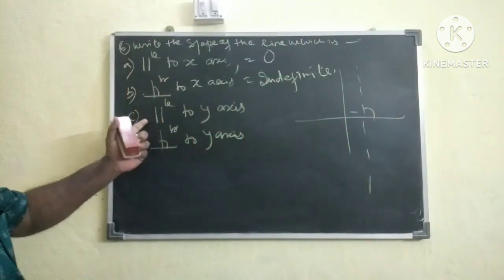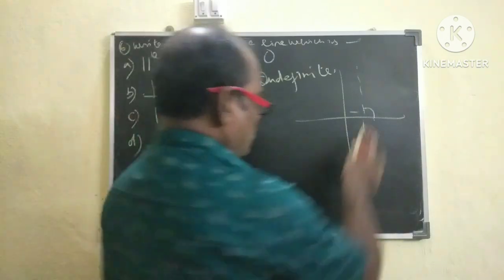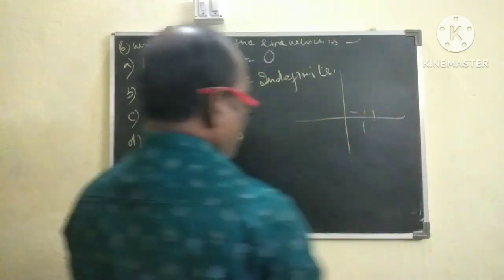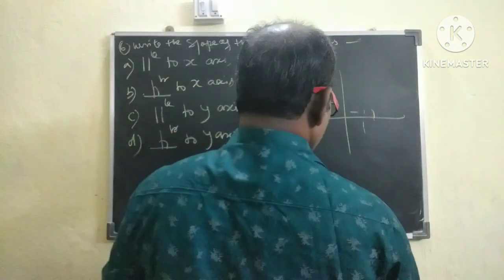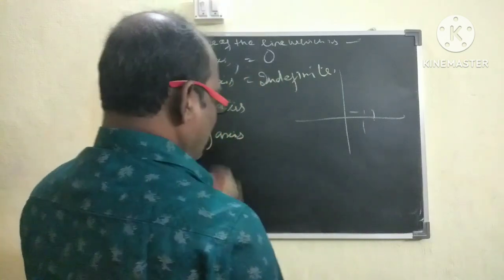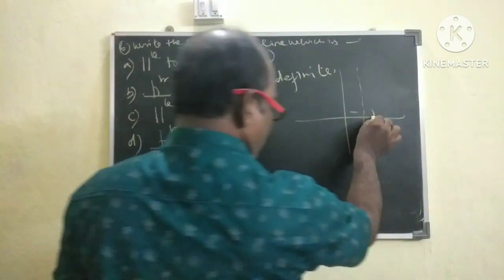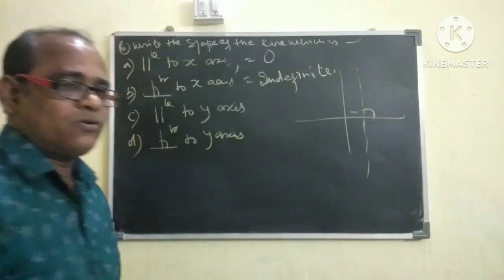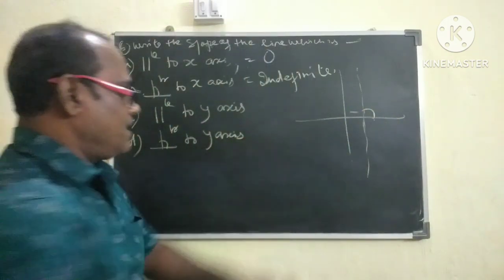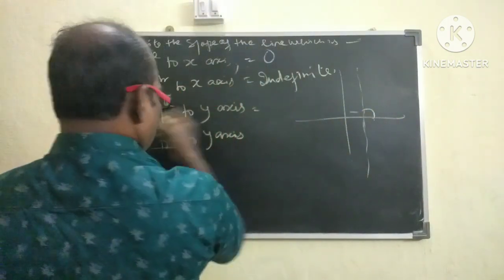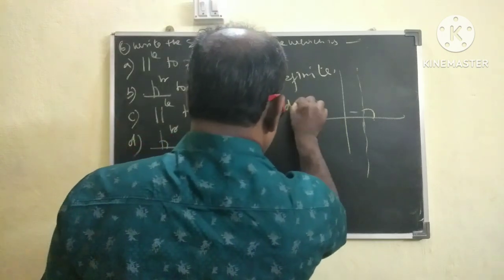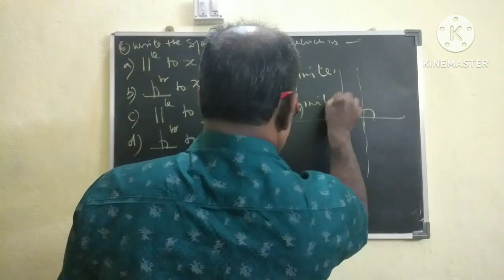Next question is given parallel to y-axis. So this is the coordinate, and anything which is parallel to y-axis, so this is parallel to y-axis again. Now parallel to y-axis means again theta is equal to 90 and tan 90 is indefinite. So here the slope is also indefinite.